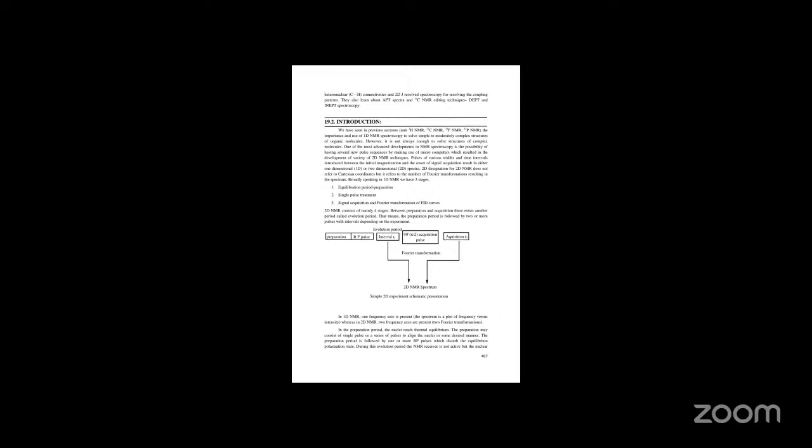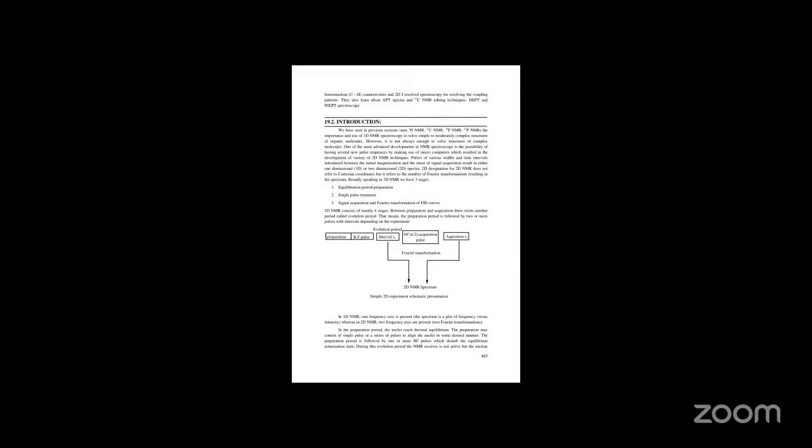The preparation period is followed by two or more pulses with intervals depending on the experiment: the preparation, the RF pulse and interval t1 (evolution period), the acquisition period t2, and Fourier transformation.